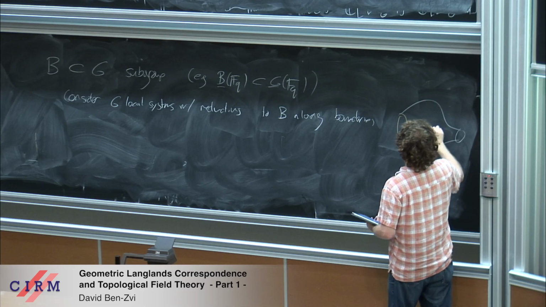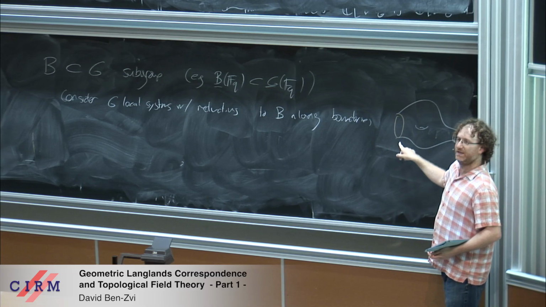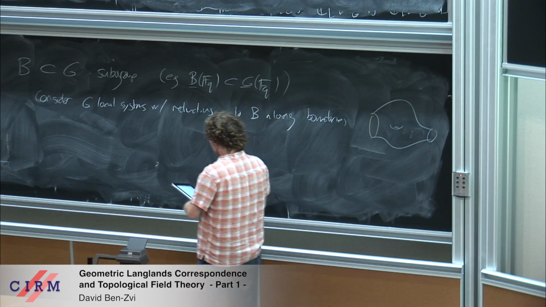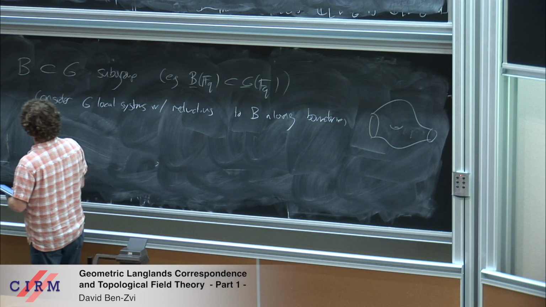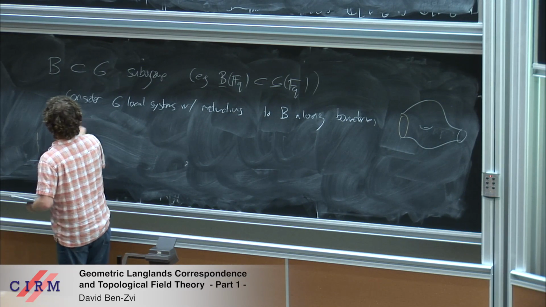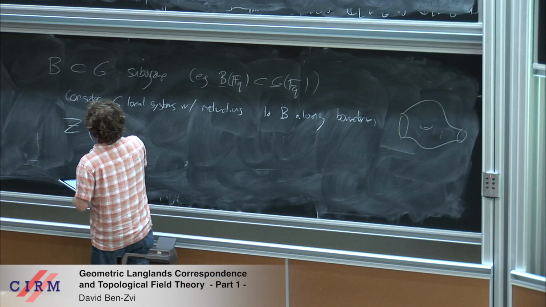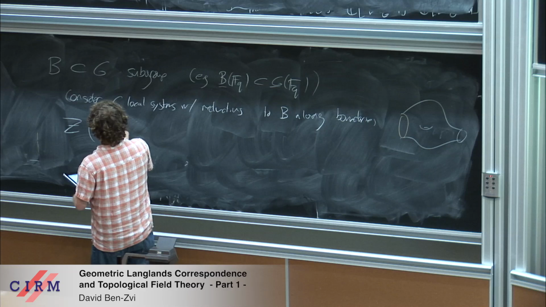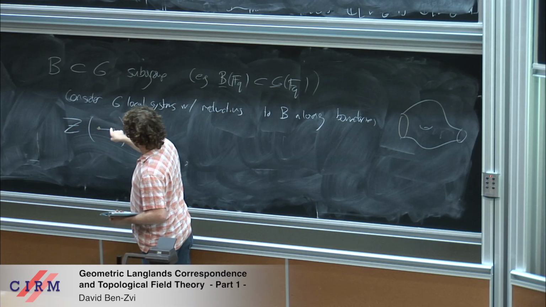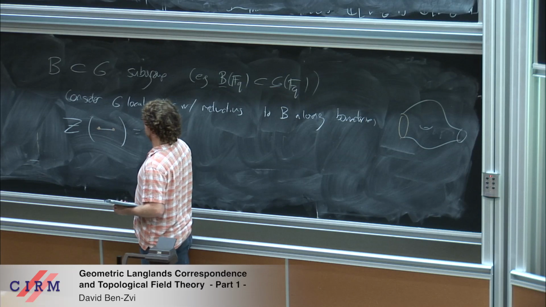I now have a space. If I give you a picture like this, I can look at G local systems together with a reduction to B along this boundary. And so if that's the kind of boundary condition I get, then what we attach to an interval, you calculate what is the space of fields attached to an interval. Well, you look at G bundles on the interval with reductions to B at the two boundaries.